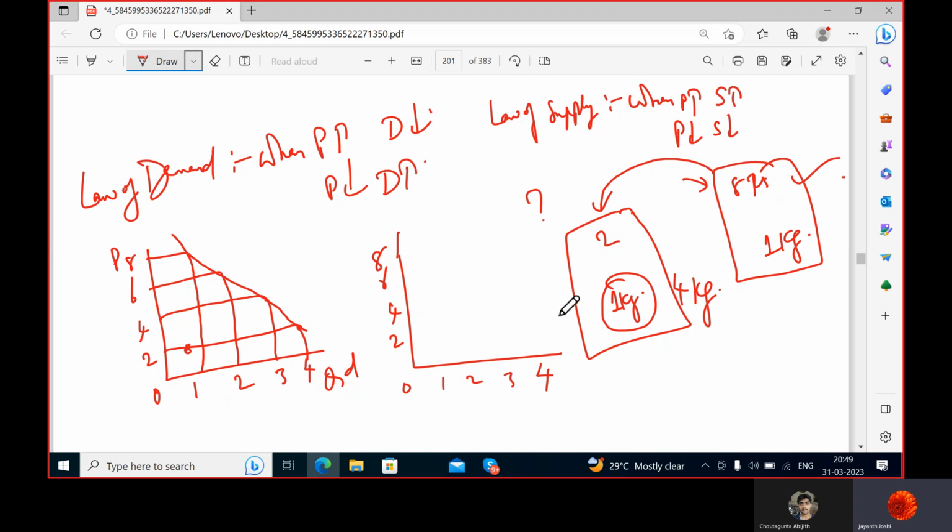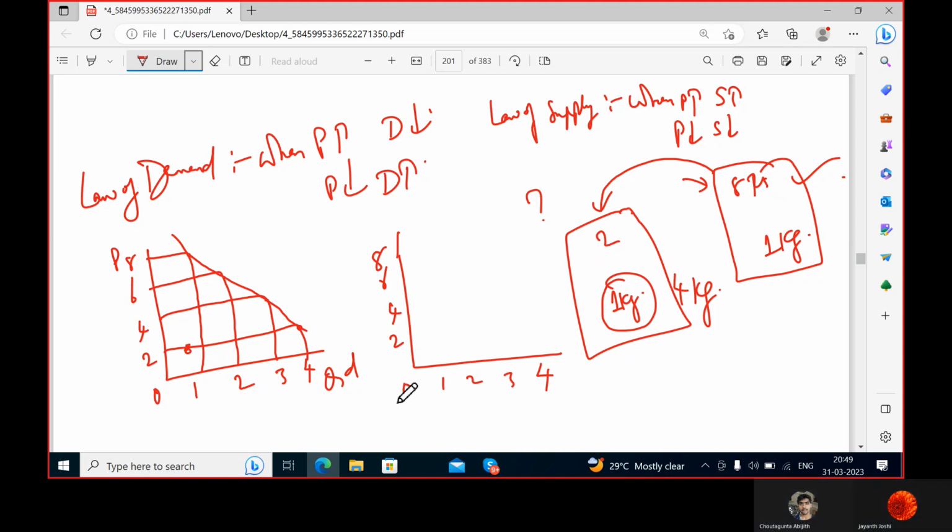So for 2 rupees, the price is 2 rupees. You will be willing to supply 4 units or just 1 unit? 4 units.